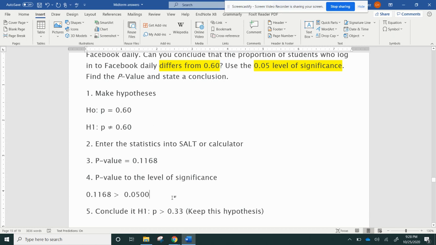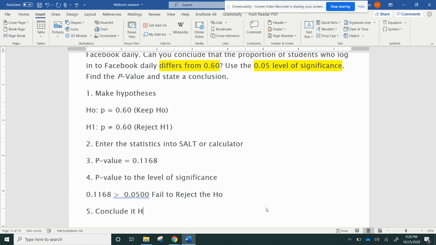Because this is greater than this, I fail to reject the null hypothesis. So that means I'm going to keep the null and I'm going to reject the alternative. So what can I conclude is I'm going to keep the null.